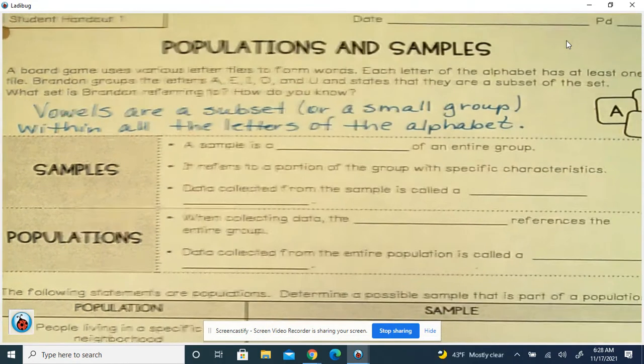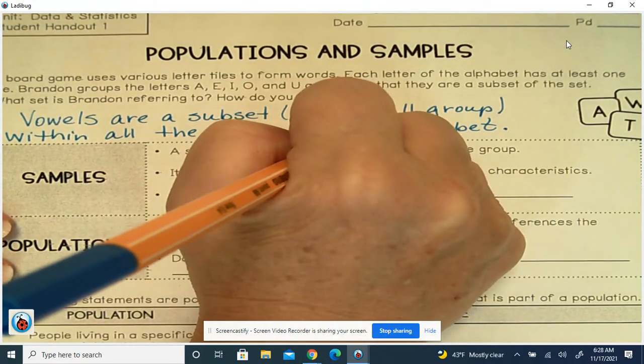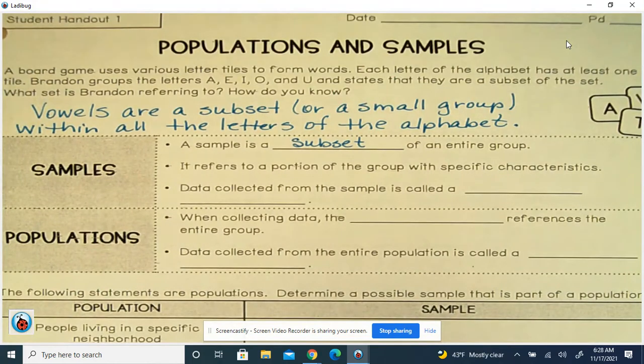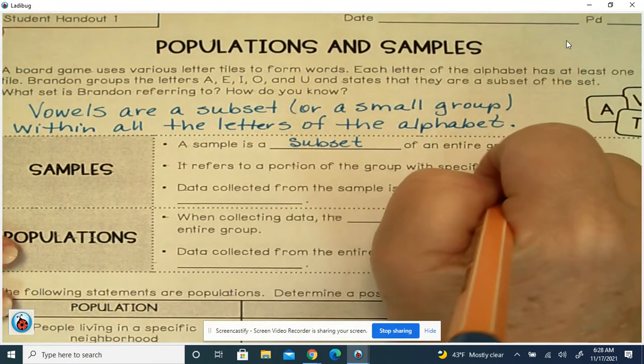Now samples. A sample is a subset of an entire group. It refers to a portion of the group with specific characteristics. Data collected from the sample is called a sample statistic.